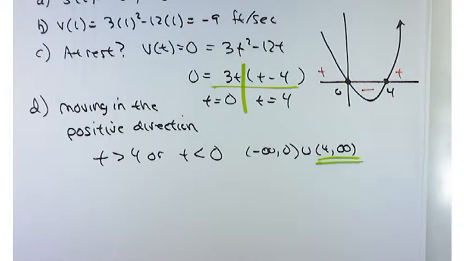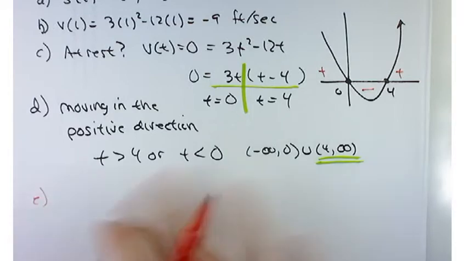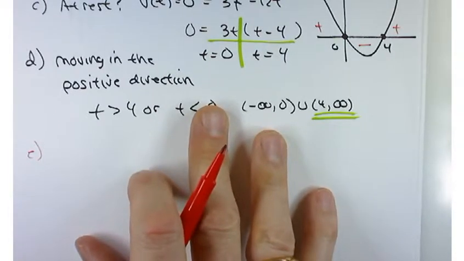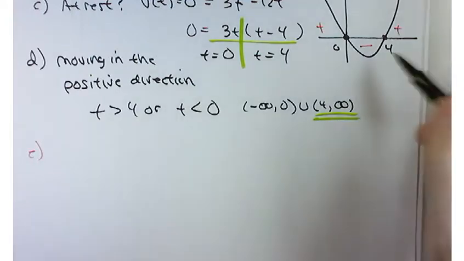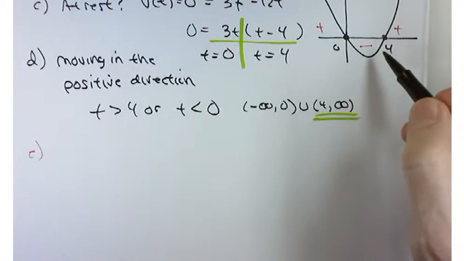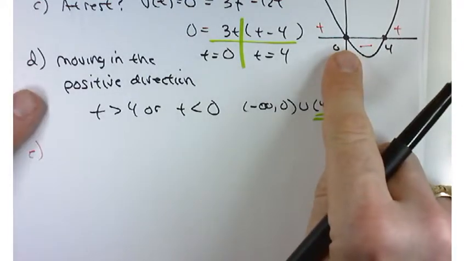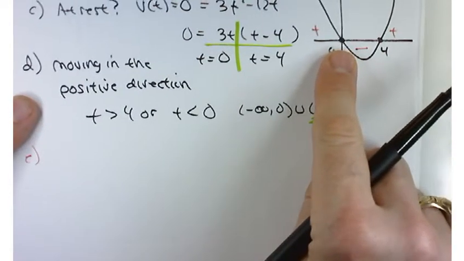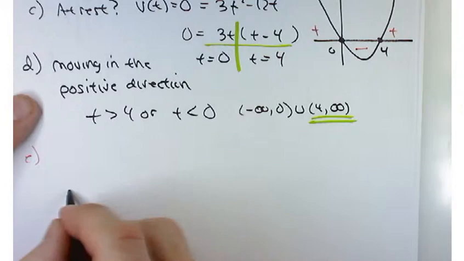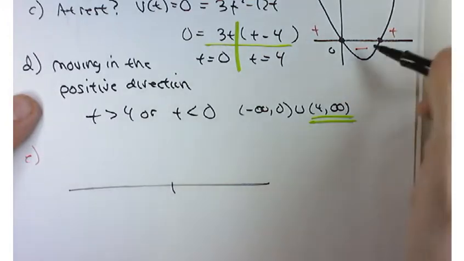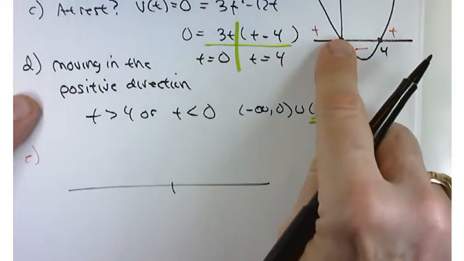Let's take a look at part E, which is asking us to find the total distance moved. So, for that, maybe it's helpful to look at this graph. Now, when this particle starts out, if you want to think of its motion on a line, it starts out by moving to the left because it's moving in a negative direction.